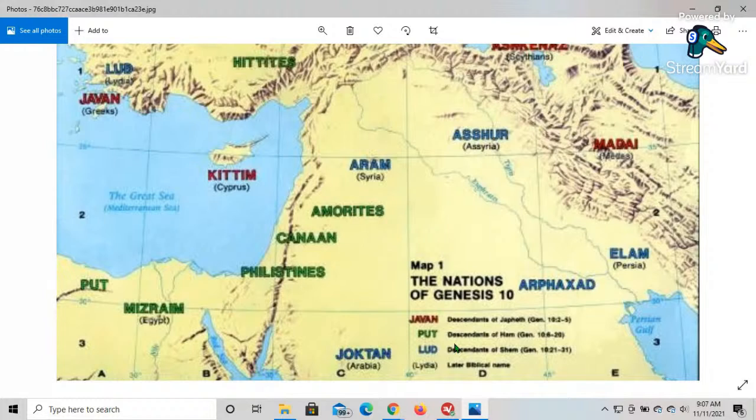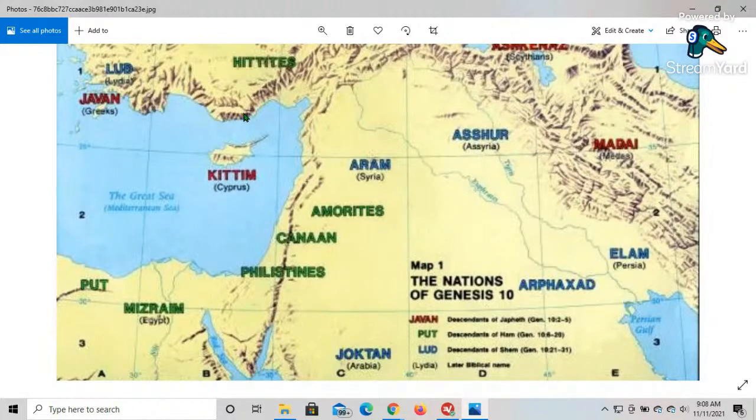Hittites, Amorites, Jebusites, Canaanites, Perizzites, all these things. Philistines came from Caphtorim, or they came from over here somewhere, and they became the Philistines to annoy Israel.